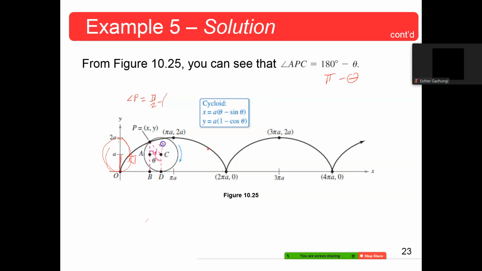That is your hypotenuse, and AC over A is the sine of this.